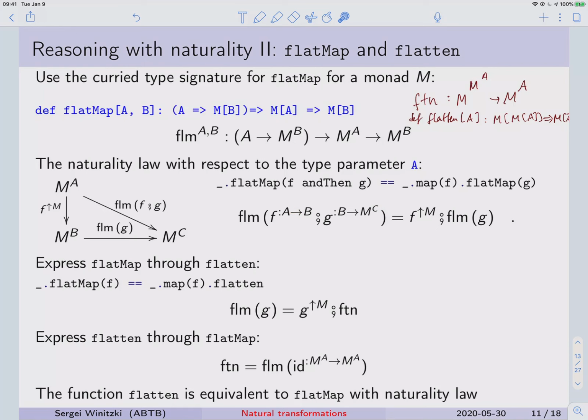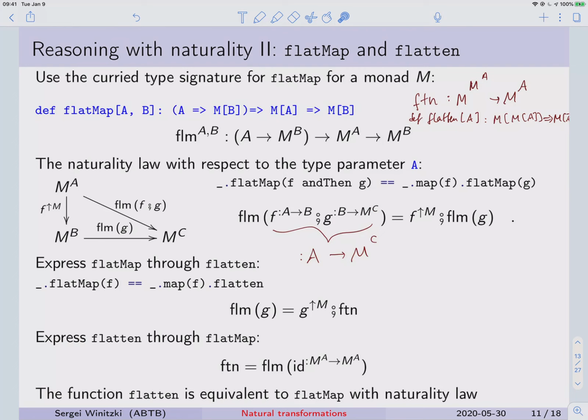So in total, this composition has type a to m of c. Now you see how easily we can find what types functions have. So we just look at this composition, we come from a to b, and then from b to m of c. So obviously we have all the types here checked, and they all match.